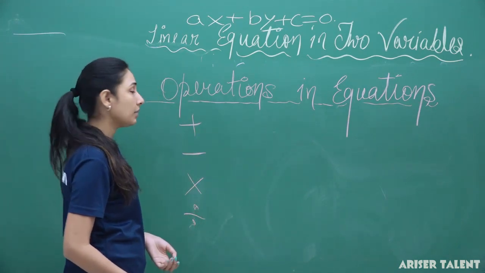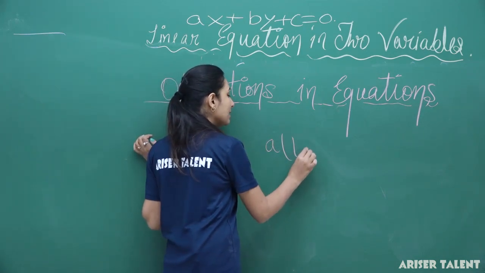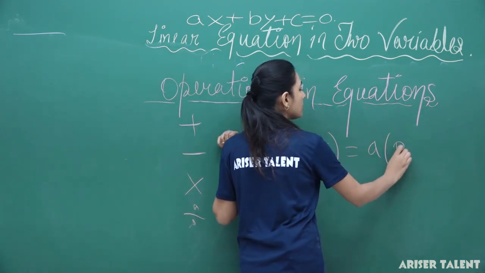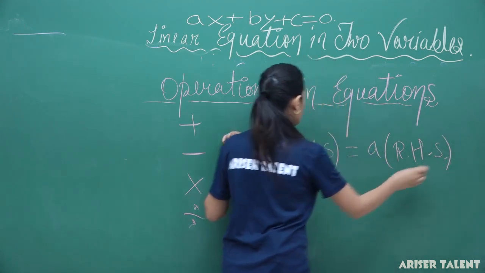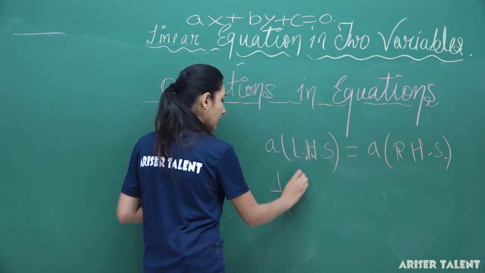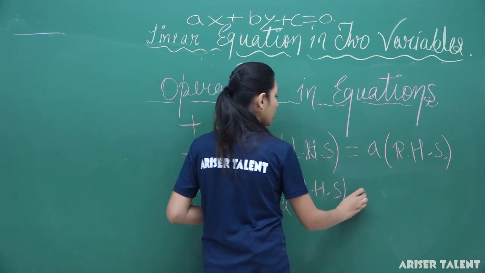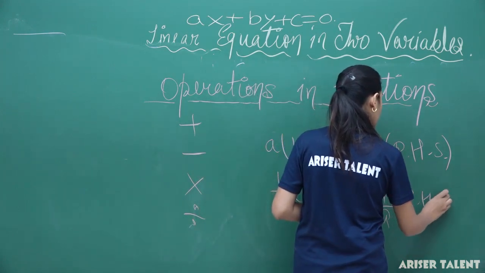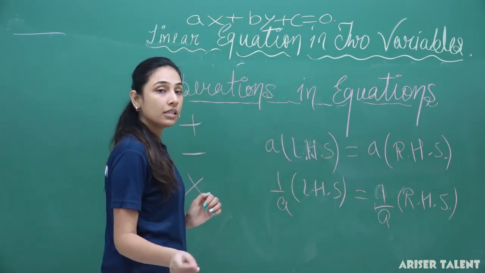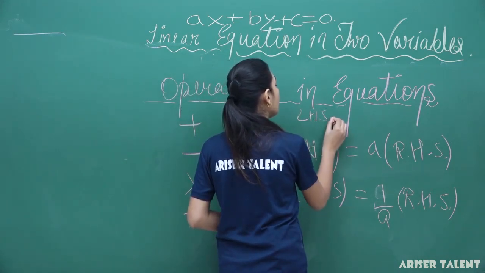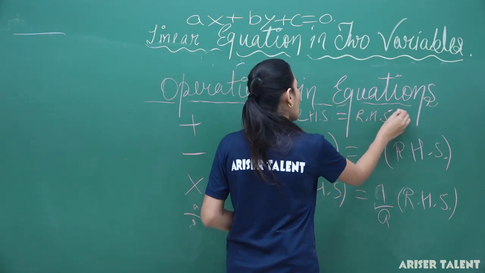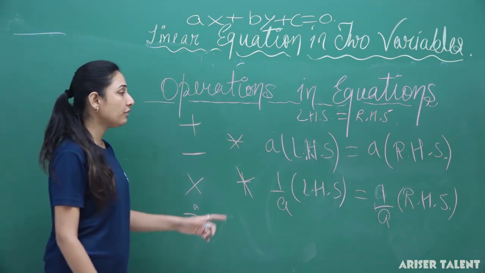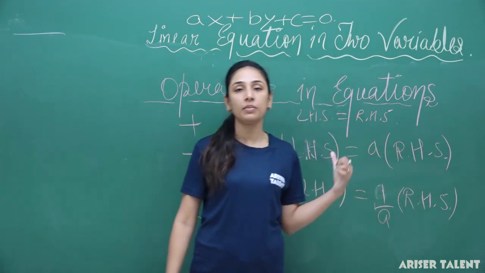So if I am multiplying LHS with A and also multiplying RHS with A, and the second case is I am dividing LHS with A and I am dividing RHS also with A, in a situation where previously LHS was equal to RHS, then after multiplying it and after dividing it, that equation will be found balanced. That sign will not change to not equals to, that will remain equal.